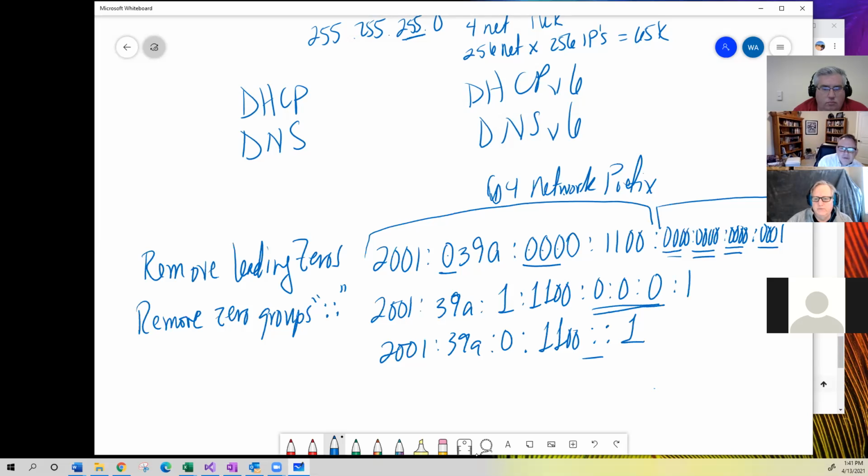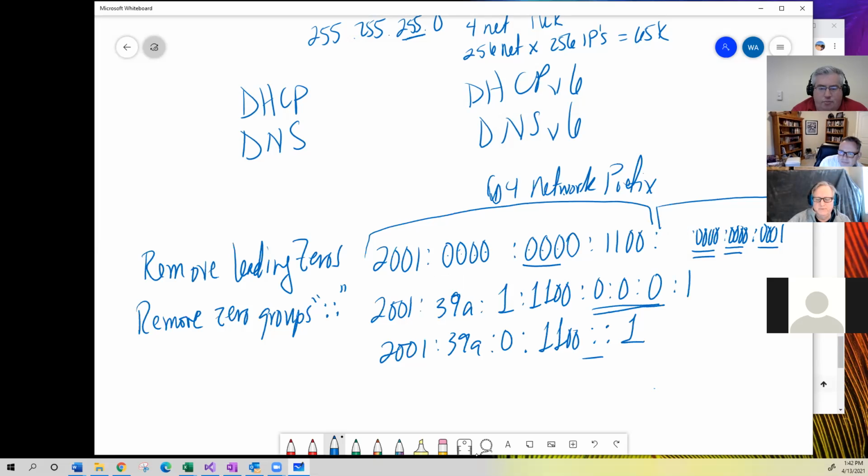Mark, if I read you right, you're indicating that no matter what part of the address you're looking at with IPv6, you must have at least one placeholder 0 between each of the connecting colons, in lieu of using the double colon. So you have to have placeholders with at least a single 0.